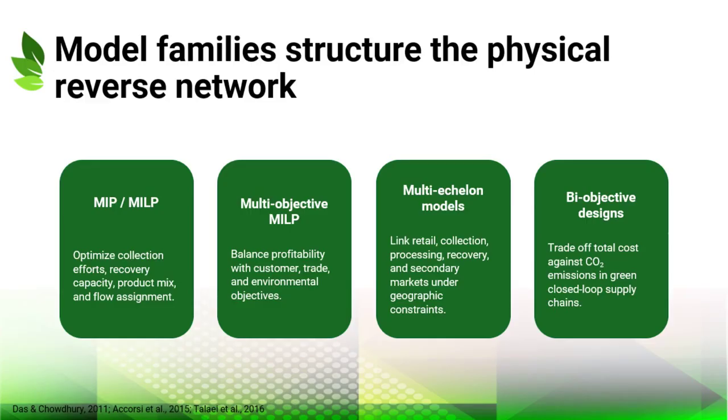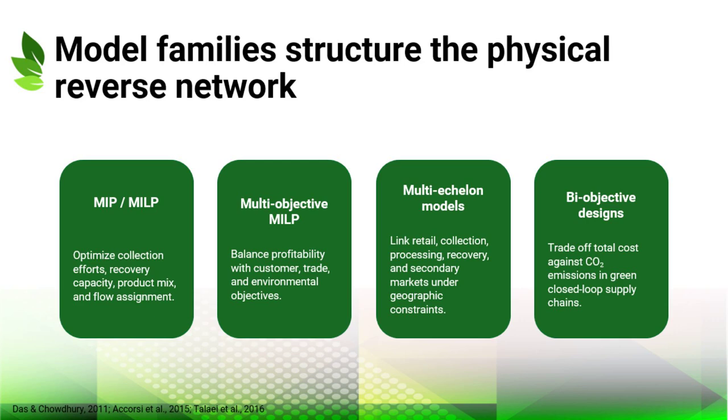Several model families support physical reverse network design. Mixed integer programming and mixed integer linear programming optimize collection effort, recovery capacity, product mix, and flow assignment. Multi-objective models extend this by balancing profitability with customer service, trade requirements, and environmental outcomes.